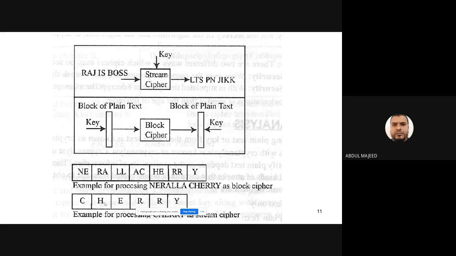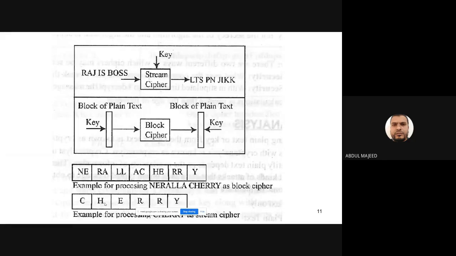RAJ is separate, ISB is separate, and OSS is separate. Block sequence numbers will be there. In whichever order you transmitted, in the same order the receiver will receive those blocks.